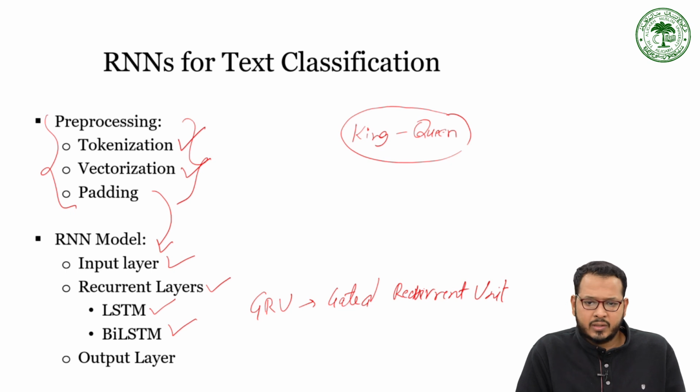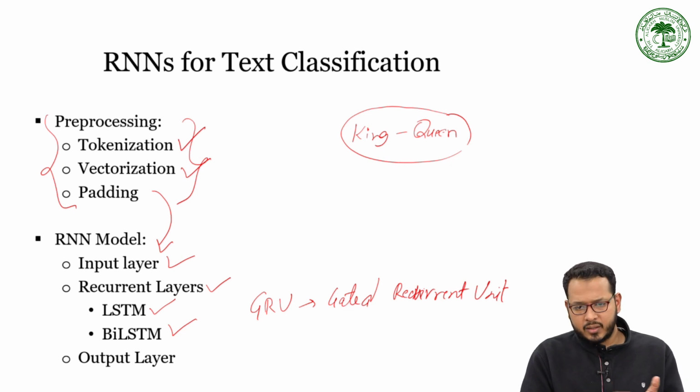Gated recurrent units are advanced RNN architectures commonly used to avoid some problems that occur in traditional recurrent architectures, like the vanishing gradient problem, and they provide certain other benefits also.